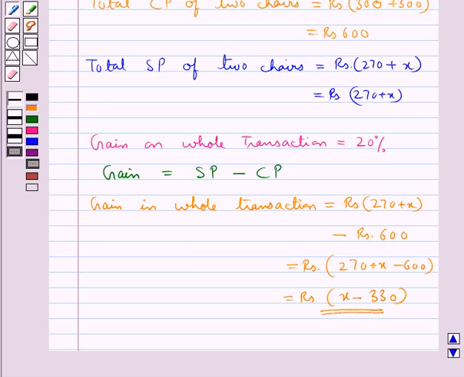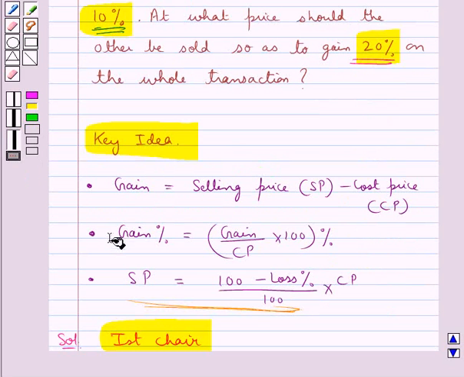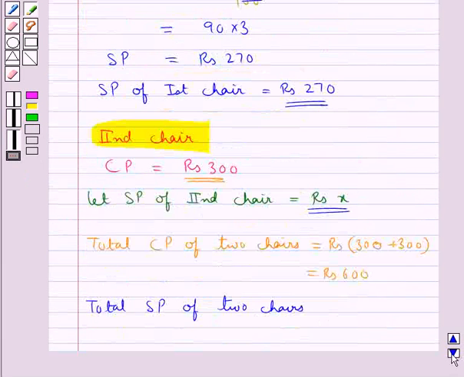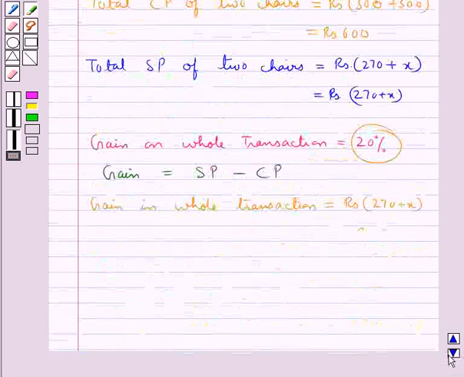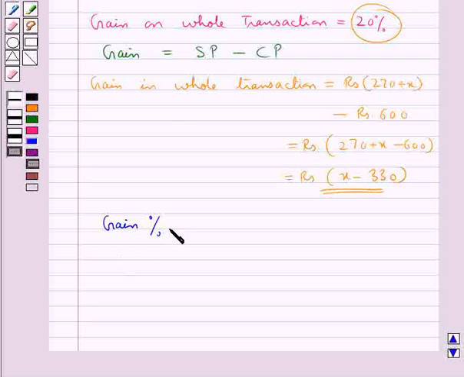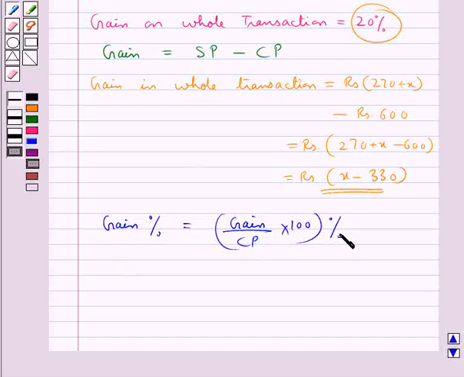And we also have the gain percent on whole transaction, which is 20%. Now we will use this formula, that is gain percent is equal to gain upon CP into 100%.